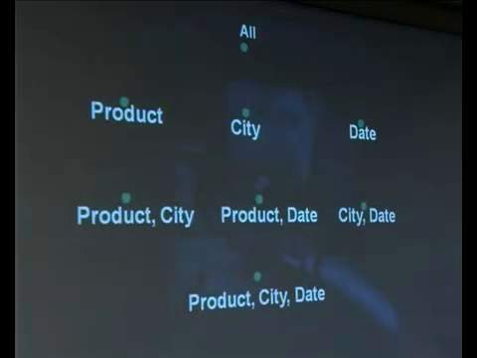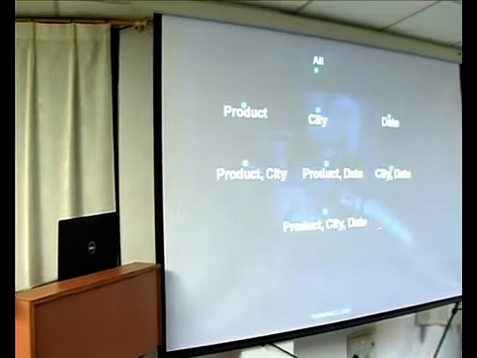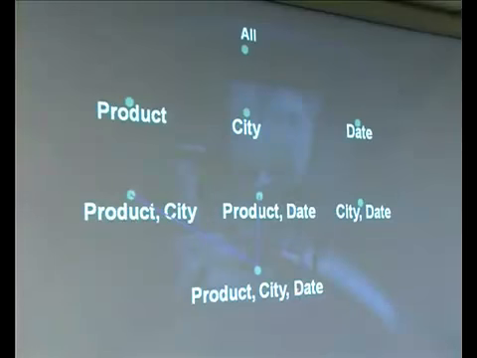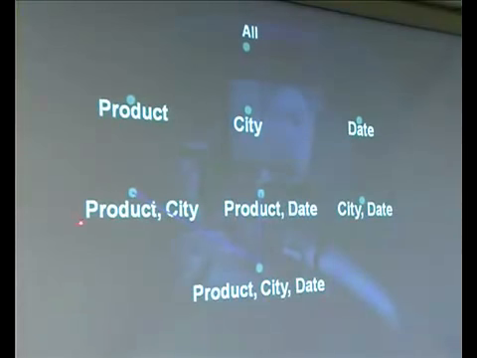by taking the property associated with the data cube. As I mentioned earlier, a data cube contains only the aggregated values over the dimensions. Suppose I take the product, city, date combinations of values and the sales, say, then by using these combinations of values, I can find the total sales for each product over each city.